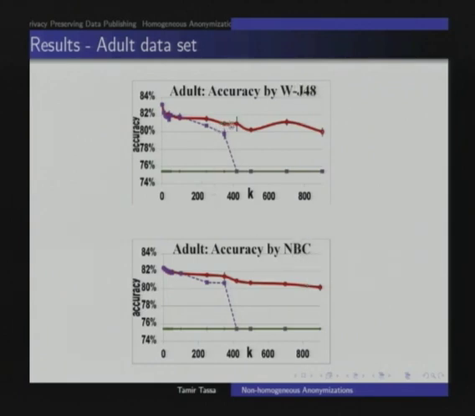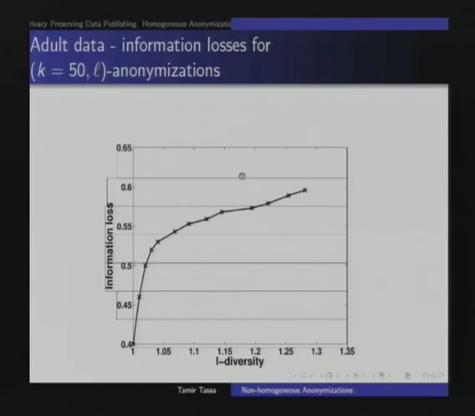As you can see, the non-homogeneous anonymization was able to produce meaningful classifiers with much higher values of K than the homogeneous one, which dropped to the baseline for much lower values of K. This is for the adult dataset.